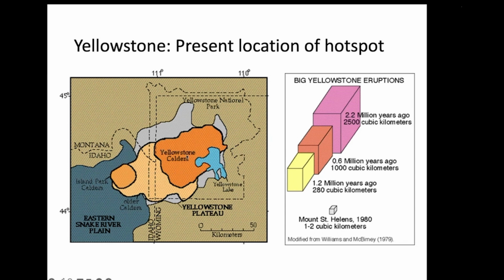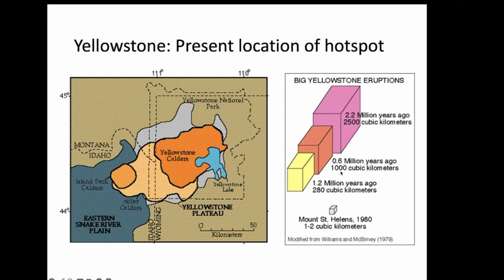But what you can see is here is the Yellowstone caldera, and here is the history of big Yellowstone eruptions from 2.2 million years ago to 1.2 million years ago to 0.6 million years ago. So this is 2,500 cubic kilometers. This is 280 cubic kilometers.